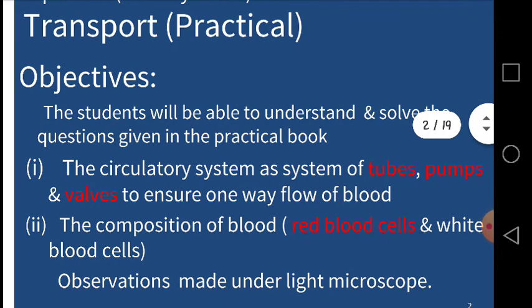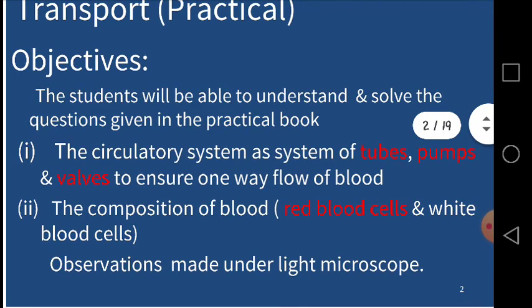We will focus on the circulatory system as a system of tubes and pumps with walls which ensure the one-way flow of the blood. Secondly, we will focus on the composition of the blood, specifically red blood cells and white blood cells, and observations will be made under the light microscope.